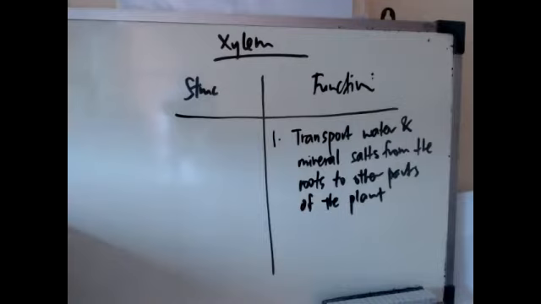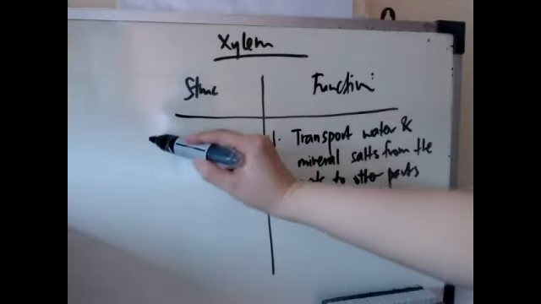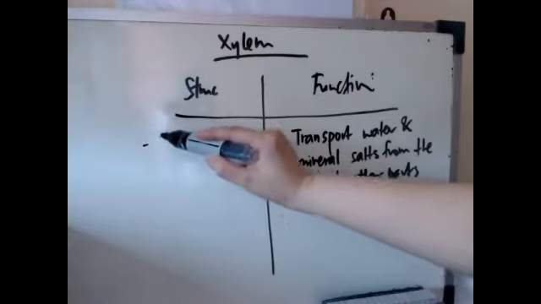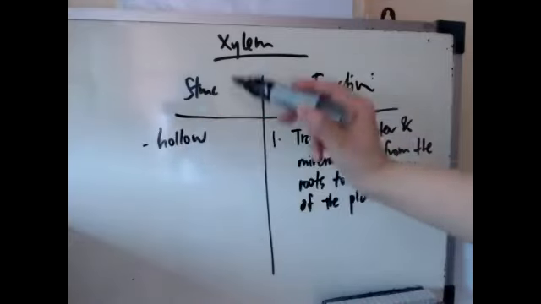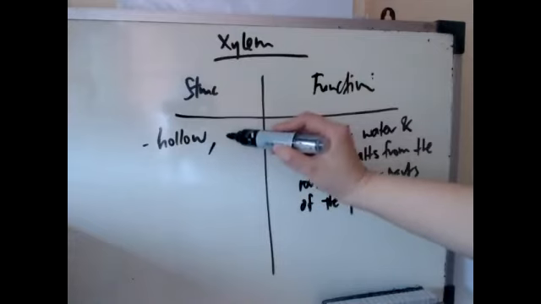You need to have what we call a hollow structure. In order to be hollow, xylem will have to be dead.